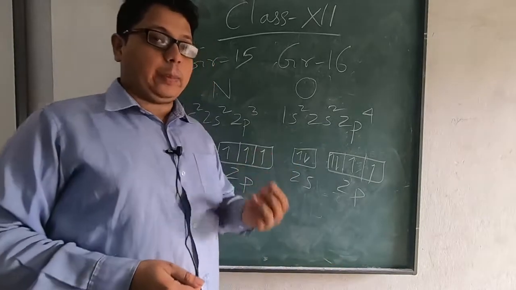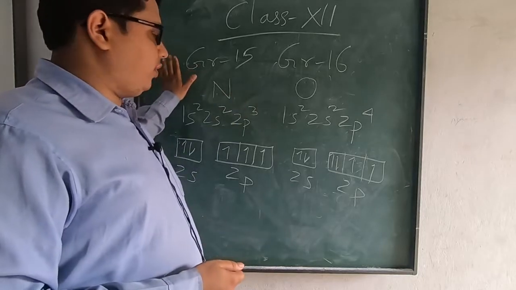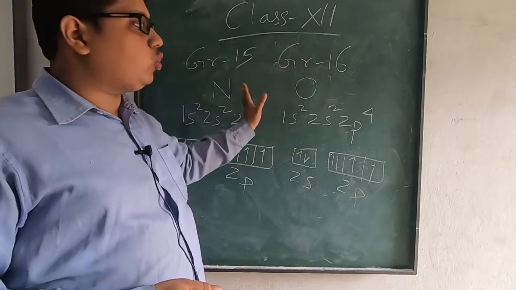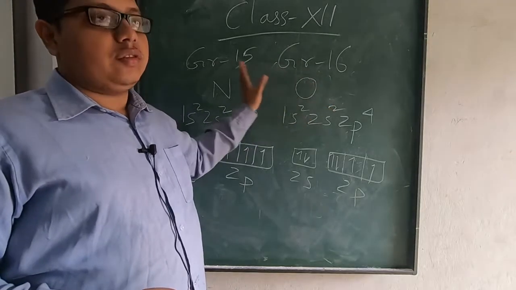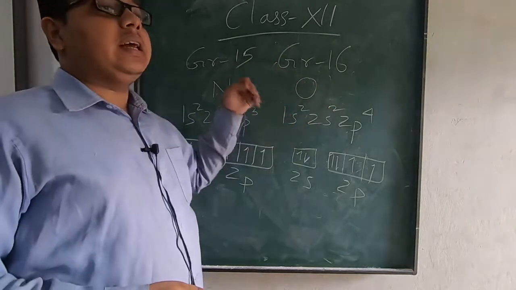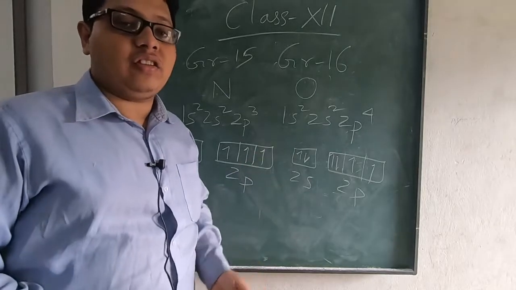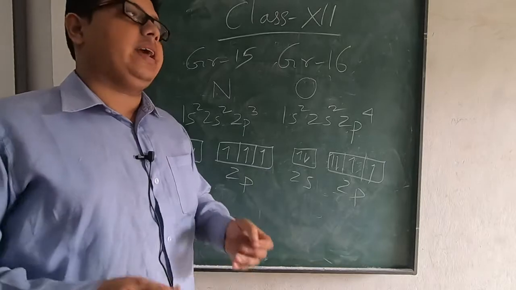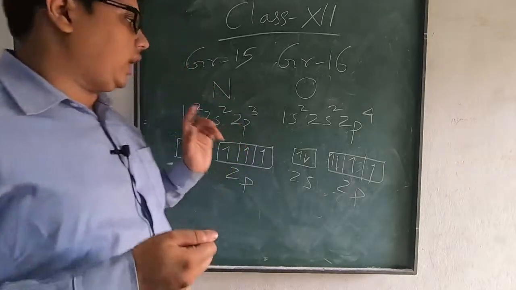However, the exception here is that group 16 comes to the right side of group 15, and it has less ionization enthalpy.